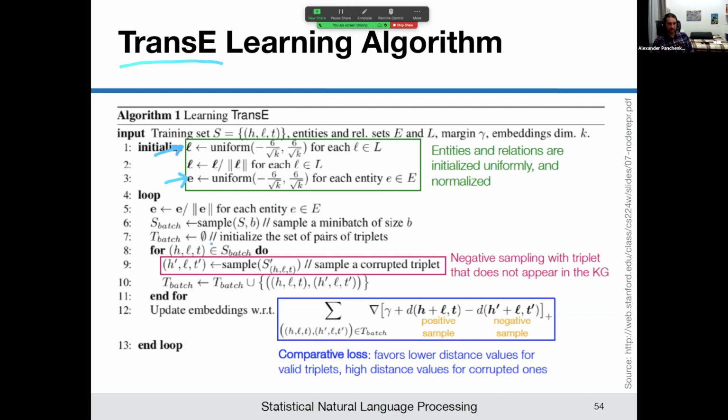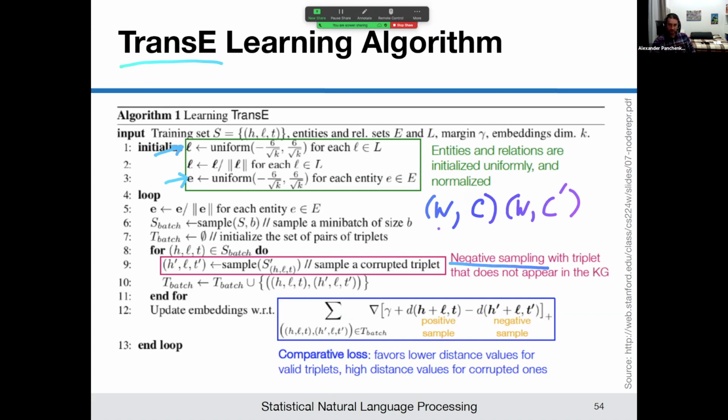Then the training is going to happen, and in a similar way to node2vec, in a similar way to DeepWalk, the idea of negative sampling is used here. In the case of word2vec, for a given word we have a true context word and a random context word.